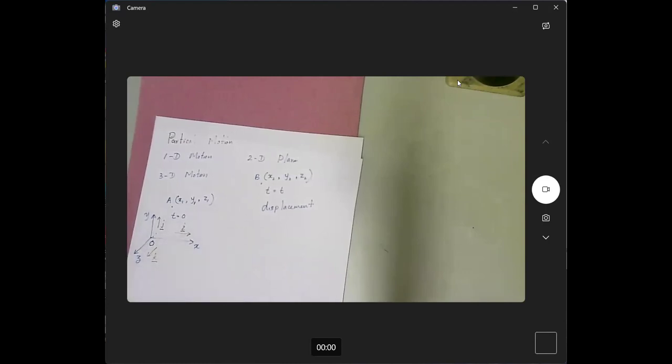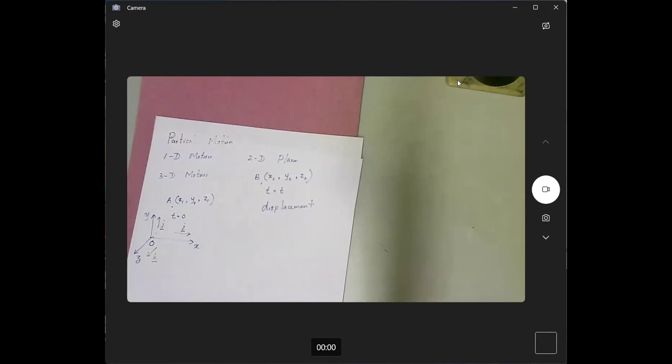So along the x-axis, we define a unit vector named i. In the y-axis, another unit vector j, and along the z-axis, k.